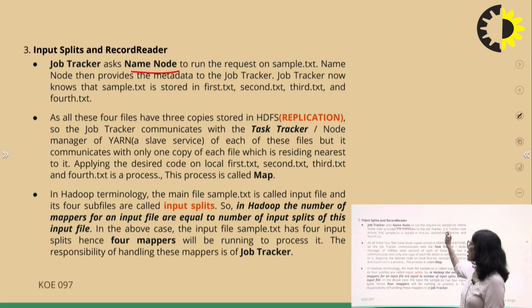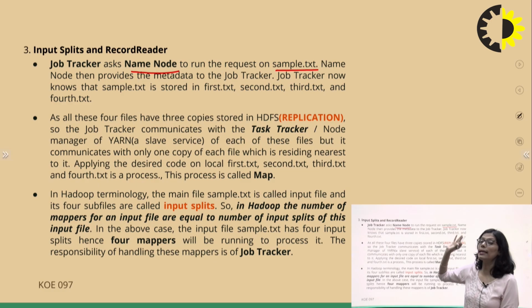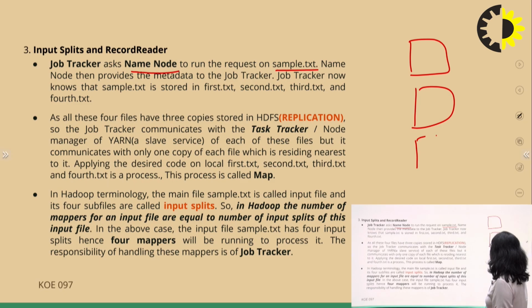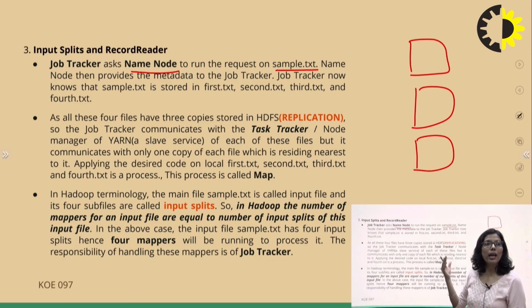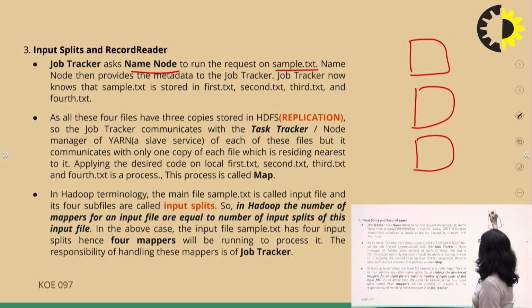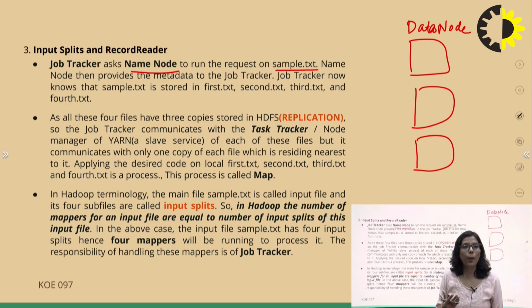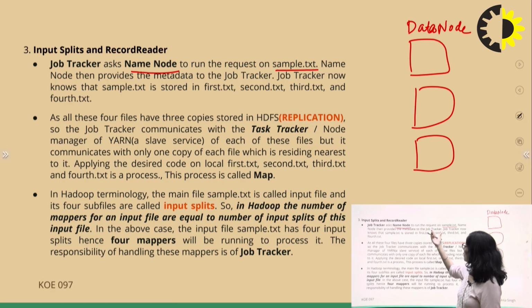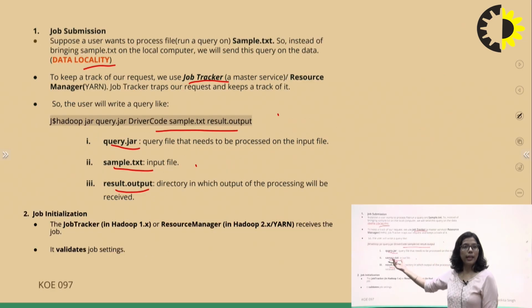So we have a sample.txt. This data file is distributed across various data nodes in various chunks. We are dividing the sample.txt into various blocks, and these blocks are distributed across various data nodes, and the name node has the information about which block is available at which data node. For example, my sample.txt is a whole file.